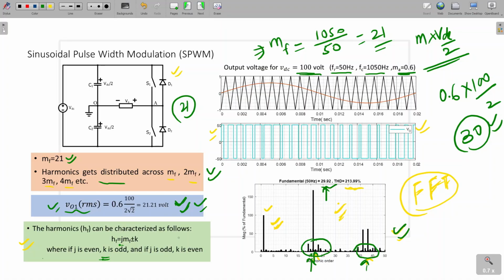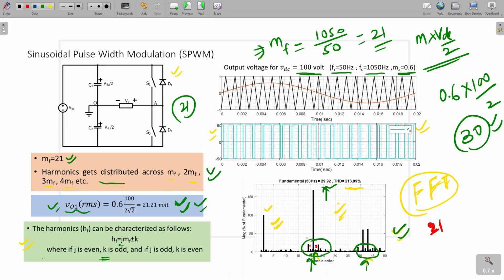Let's say MF is 21. So see here. No, no, J and K two values we are taking, MF we are taking. See, somewhere here nearby it is 0.